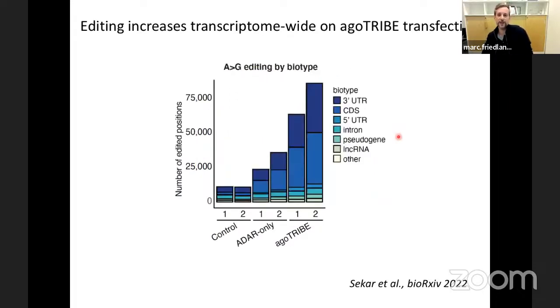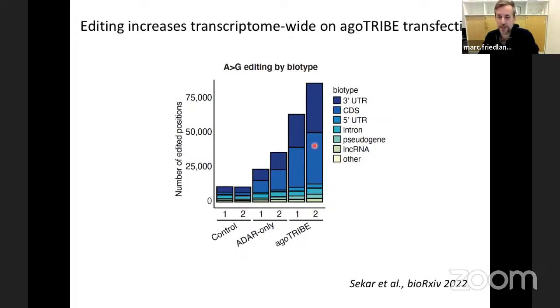So where does this editing occur? You can see that for a lot of different annotations like long non-coding RNAs, pseudogenes, introns, this changes very little. On the other hand, for the parts of annotations that are part of mature messenger RNAs that we expect would be the actual targets of microRNAs, we see that this increases very strongly.